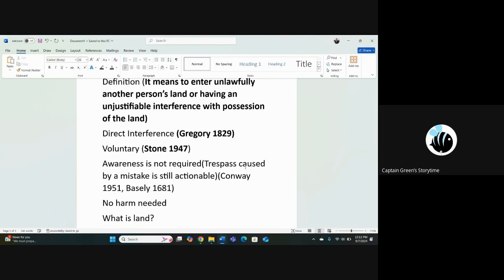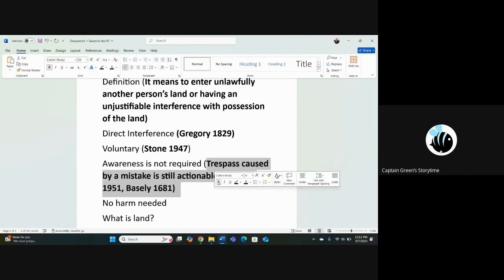These are the two important cases. In Conway it was held that someone who is mistaken as to their permission to enter onto land will be committing trespass. When you are mistaken that you have permission and you still enter without permission, you will be liable for trespass.